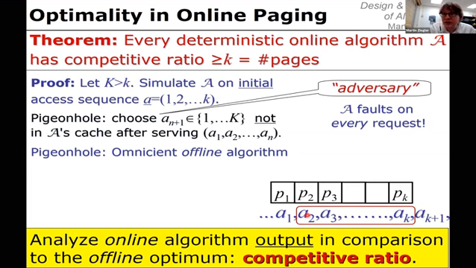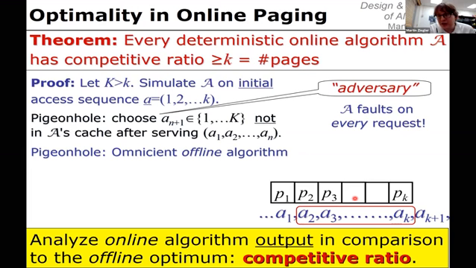And this is, of course, the best choice for a page to evict, the page which will not be accessed in the near future in the next k-1 steps. And this is exactly the page that an optimal offline algorithm will evict, whichever page of these it is.